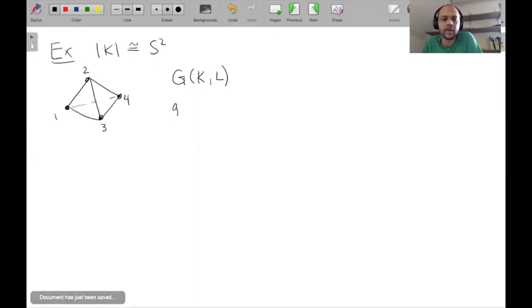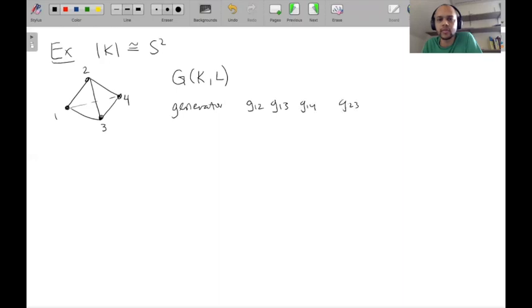So here we have generators. There are 6 of them, for all the edges in the graph. And then we have relations. There are a bunch of relations coming from the triangles.